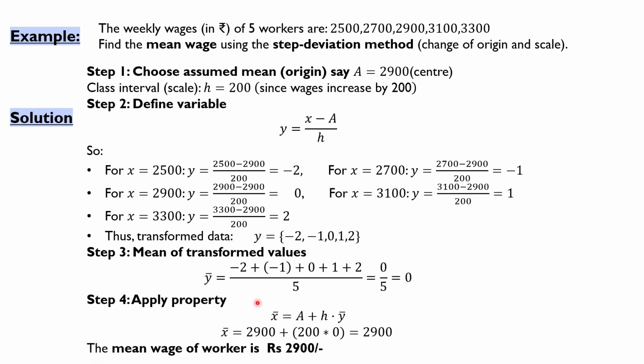That is, the mean wages of the workers is rupees 2900. In this method, if you observe carefully, our values, which are very large, are being transformed into smaller numbers, so it helps us with easy calculation.